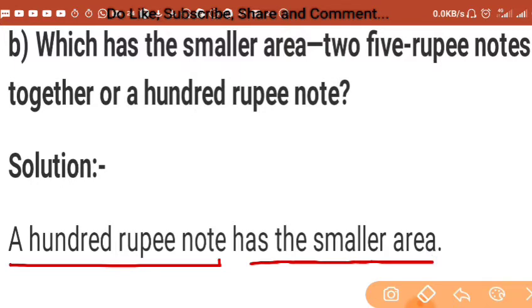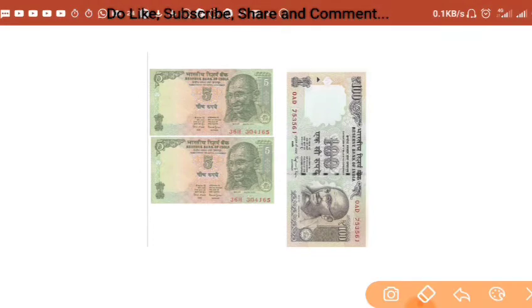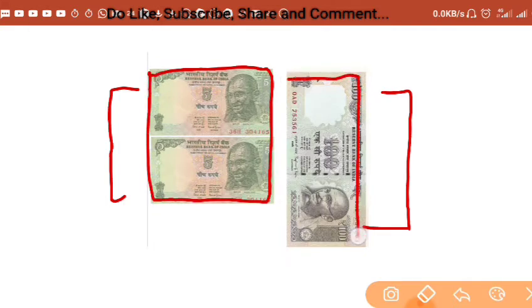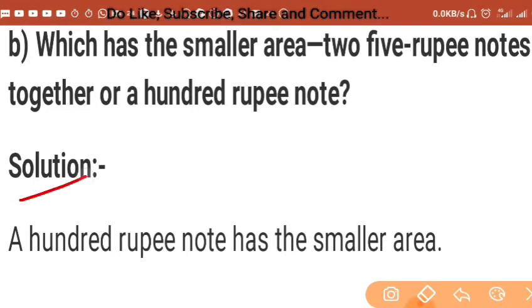When you put them together like this, you can imagine it in the shape of square centimeters also. When you compare, you will get that the area of the two 5 rupee notes is bigger than that of the 100 rupee note. So that was the answer of question number B. You will note down the solution.